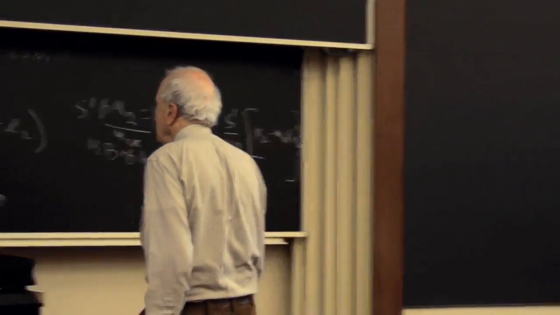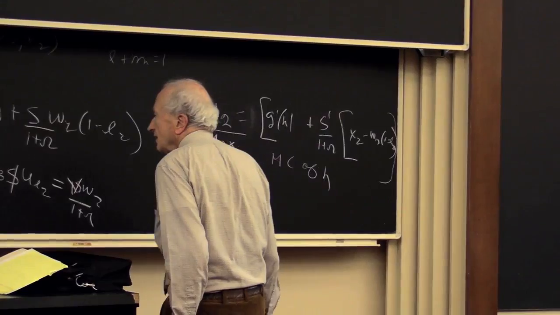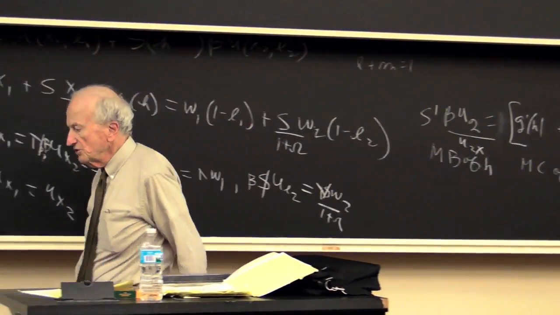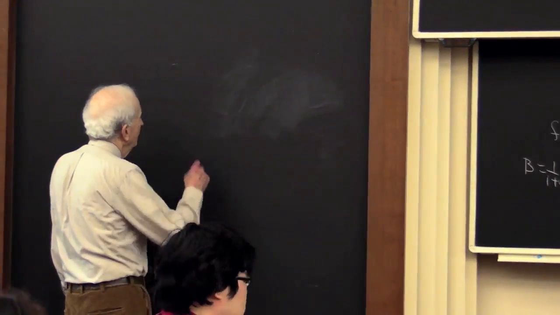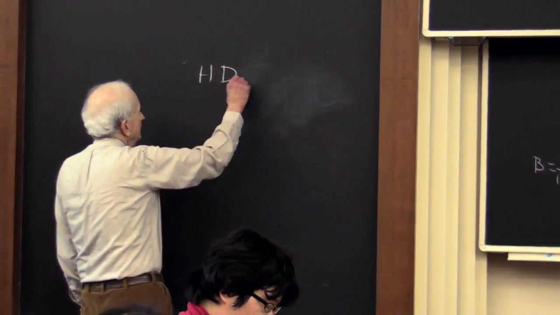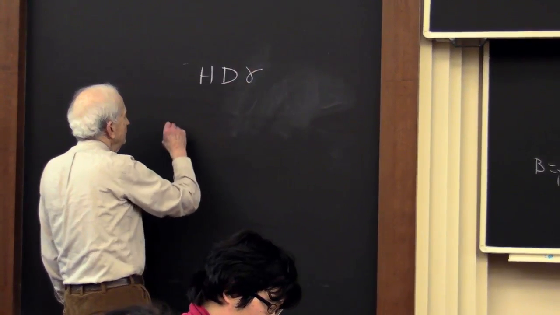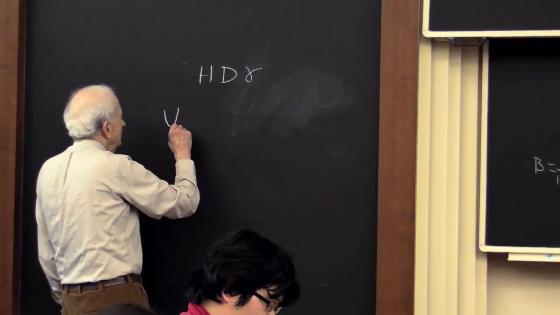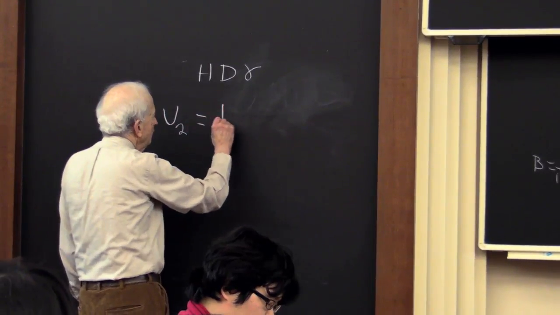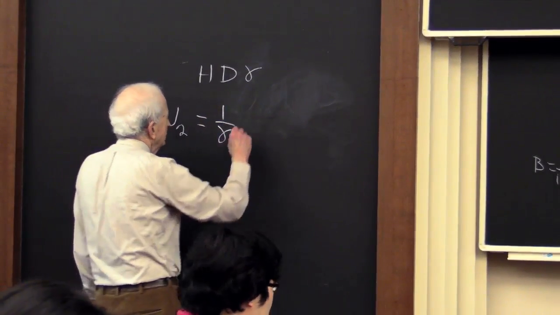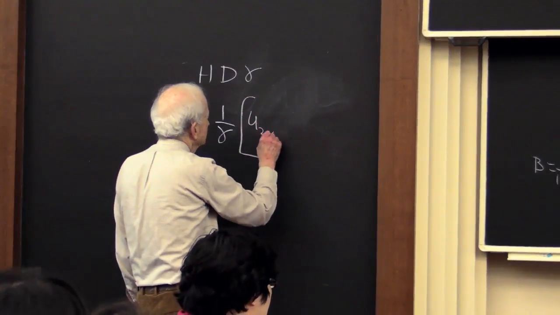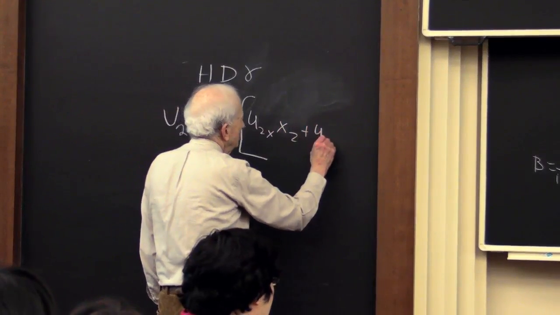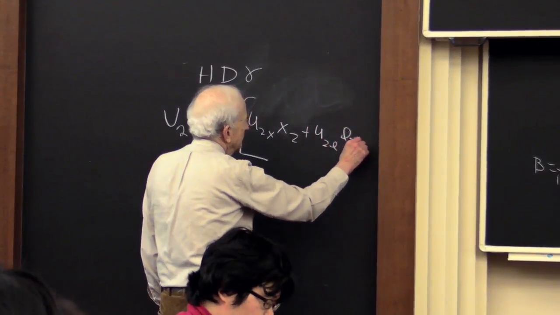Right? So basically, what do we mean? If we have homothetic utility functions, it means that the property, if the function is homogeneous, let's say homogeneous of degree gamma, then we can write utility in period 2 as equal to 1 over gamma times U2x times x2 plus U2L times L2, right?